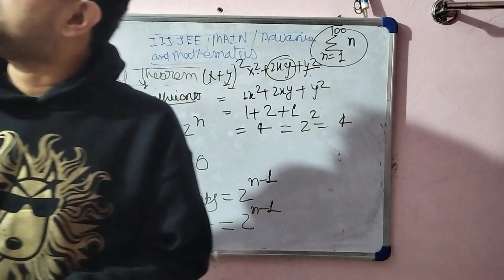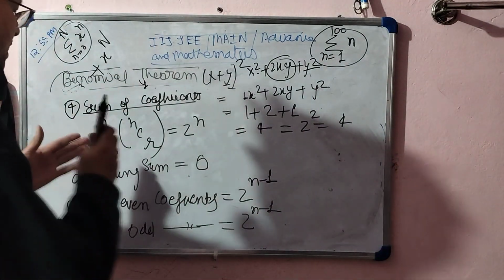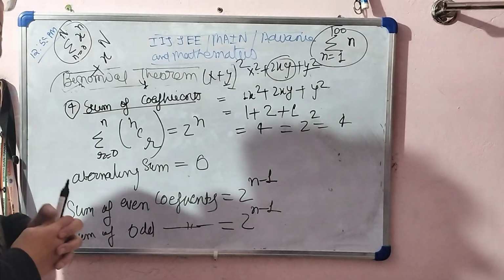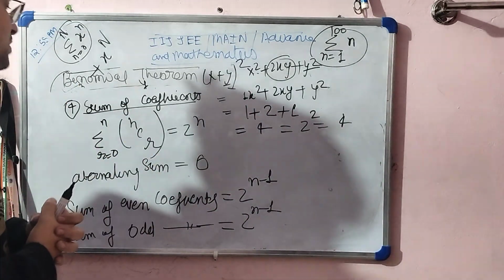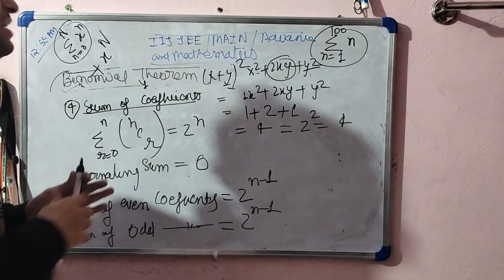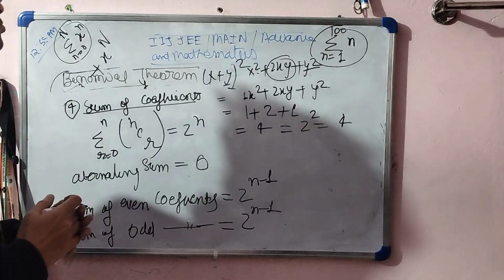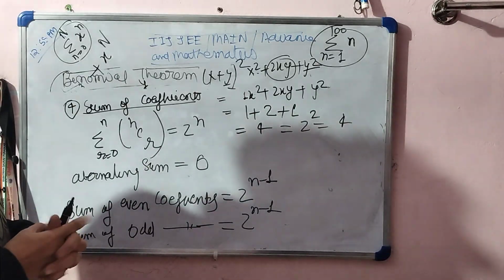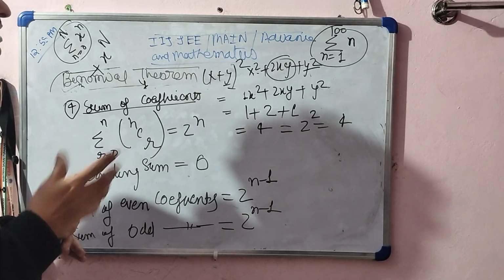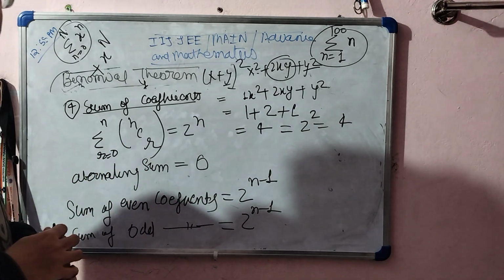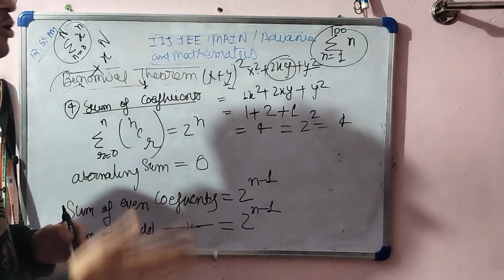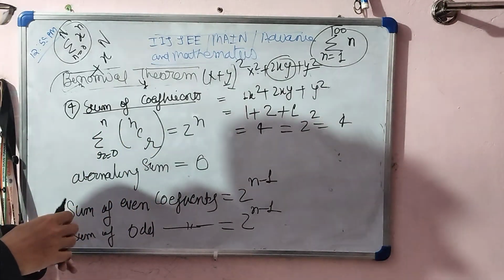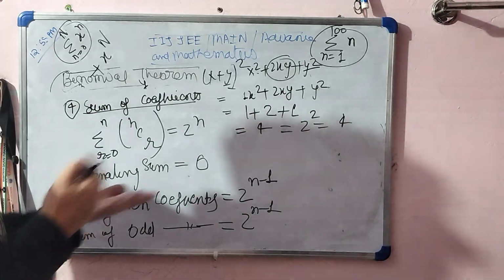In this class, the main points are: how the binomial theorem expression is expressed in precise form, and the standard formulas like the general term T r plus 1, the middle term, the term independent of x and y, the sum of coefficients is 2 to the power n, the sum of even coefficients and of odd coefficients is 2 to the power n minus 1, and the alternating sum of coefficients is 0.